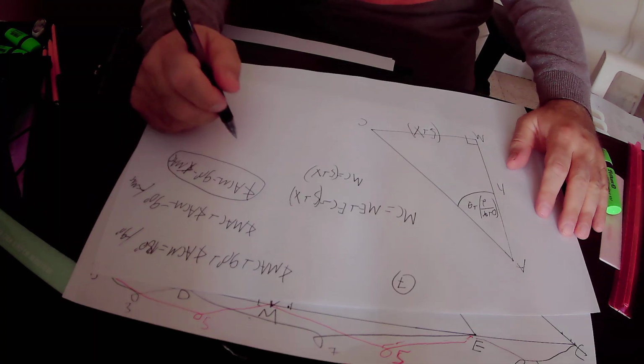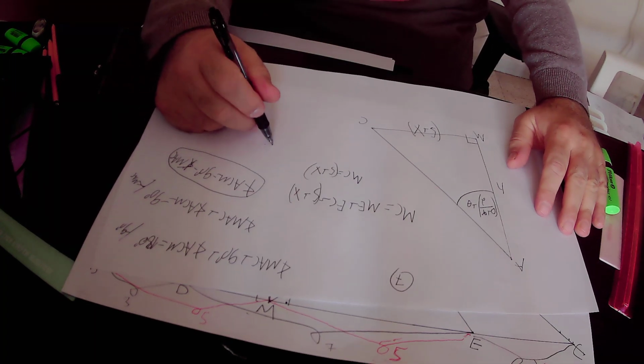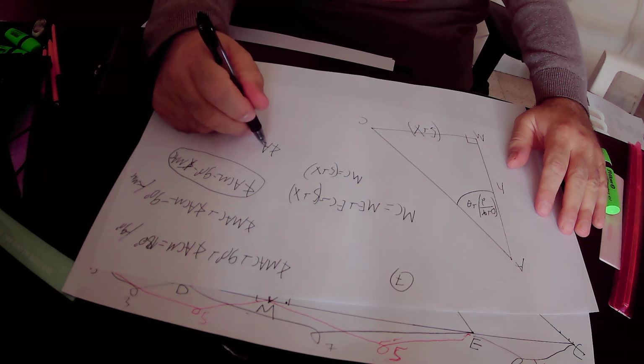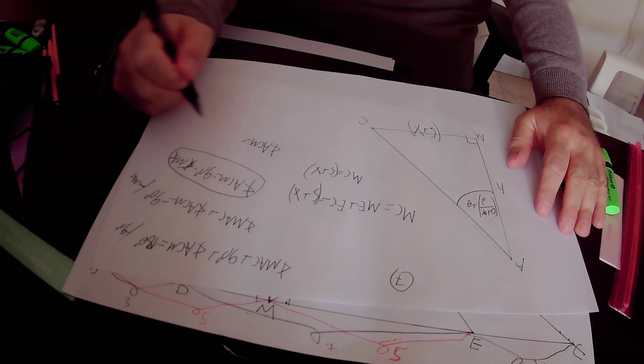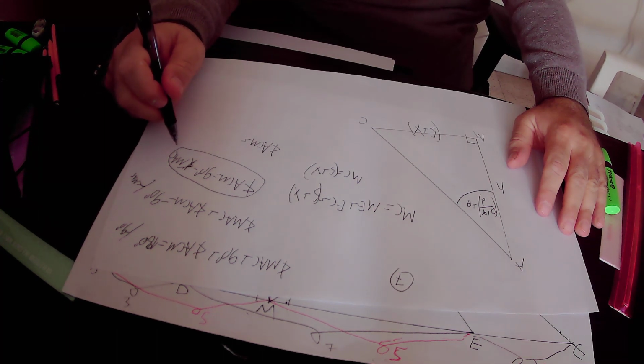So angle ACM equals 90 degrees minus angle MAC.